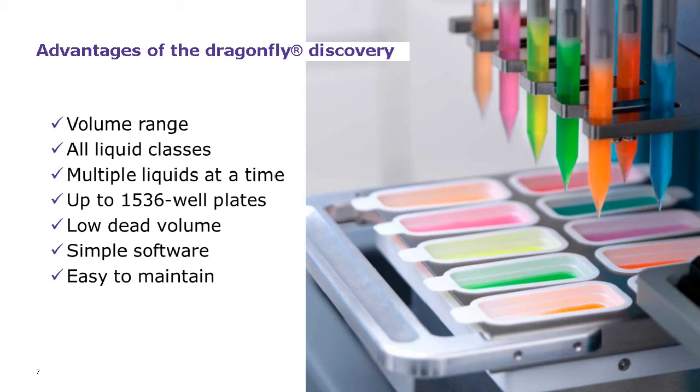We can dispense multiple liquids at a time, so we can do titration of multiple reagents in one experiment. We are really flexible with the plates: we can use it for 96-well plates, but also for 1536-well plates.